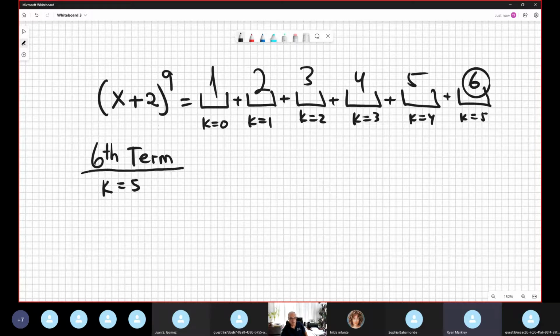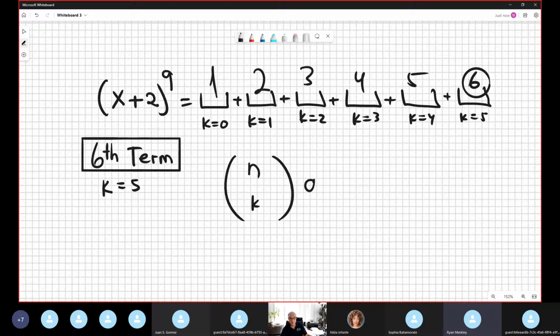I need the 6th position. Therefore, K of 5. It's easy, not necessarily done this way. So you say it's 6, so you're decreasing 6 minus 1 is 5. K of 5. And the reason is that we start counting at 0, not 1. Okay, because I know the rest is plugging into the formula, no? The formula, say, repeat again the formula. The formula is combinatory number n k, a to the n minus k, b to the k.